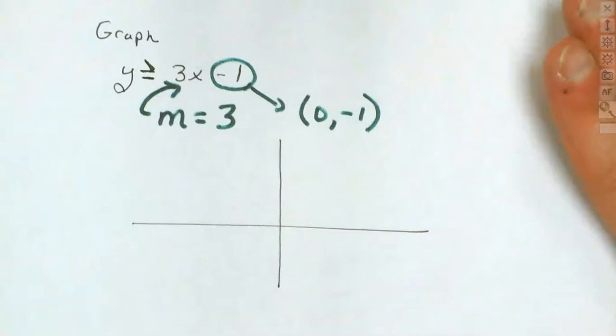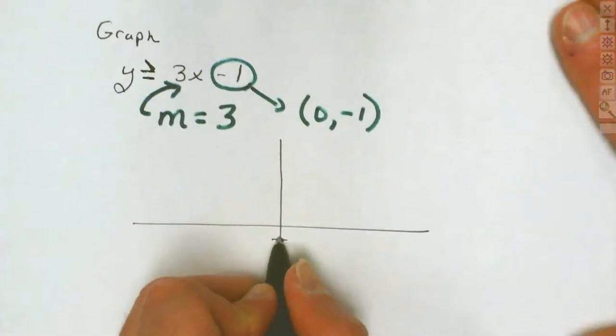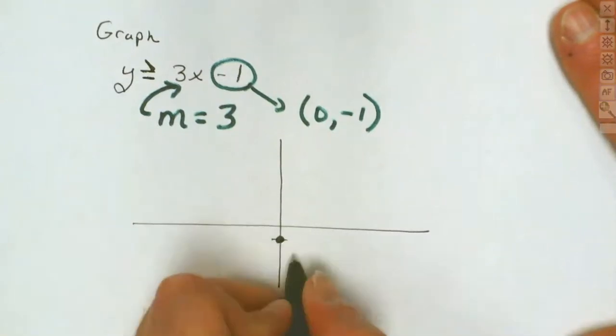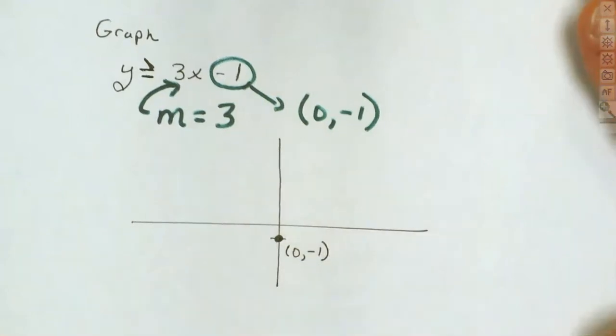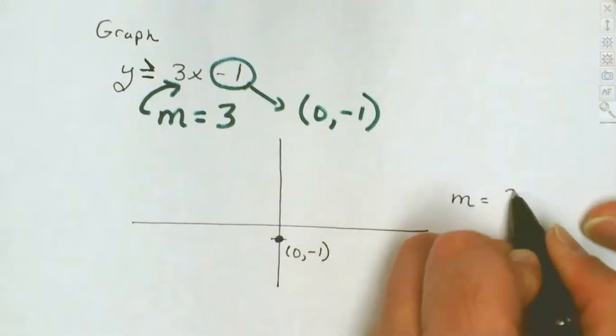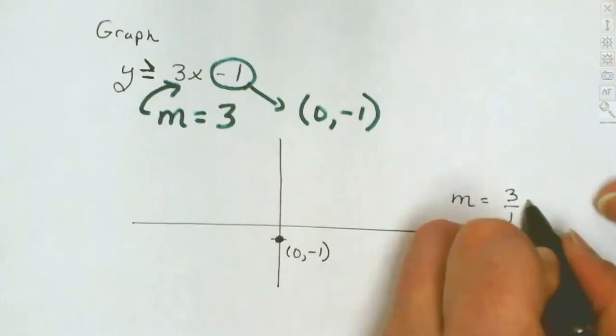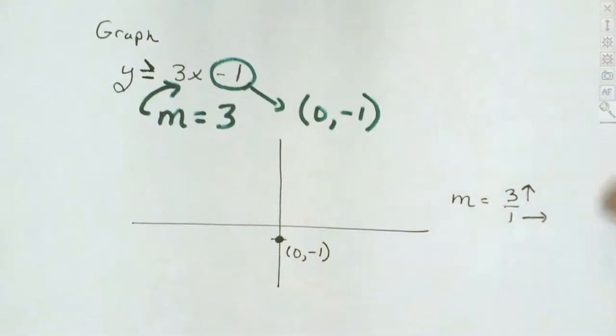Remember how to graph these lines. We start with our point, that y-intercept. Right there is our y-intercept, and that's at 0, negative 1. My slope is 3 over 1. So that means we have to go up 3 and over 1.